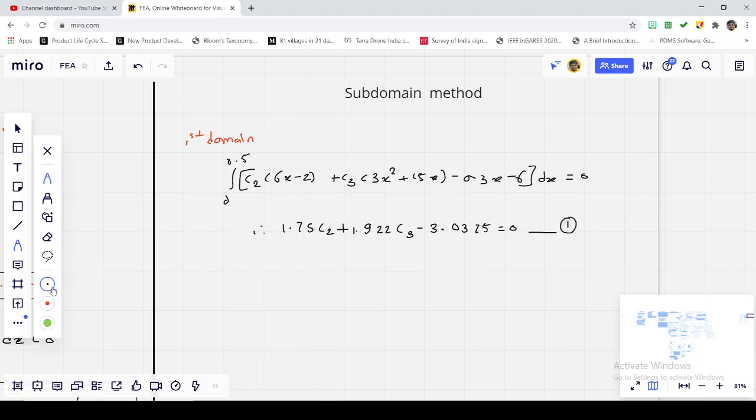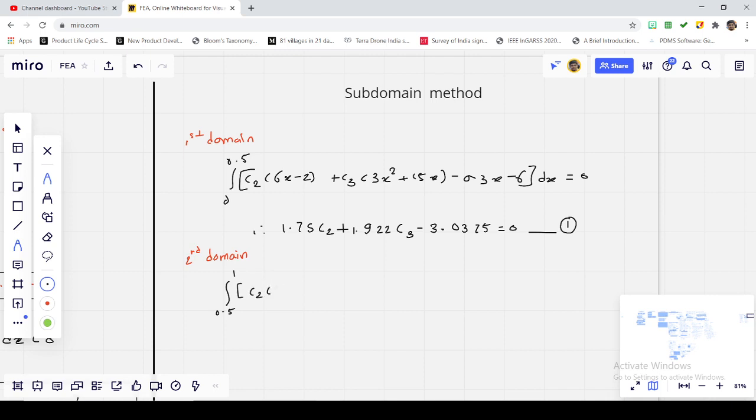Now, what do we do for the second domain? For the second domain, we take the integral from 0.5 to 1. So we divide this domain into 0 to 0.5, and the second domain is 0.5 to 1. So r remains the same.